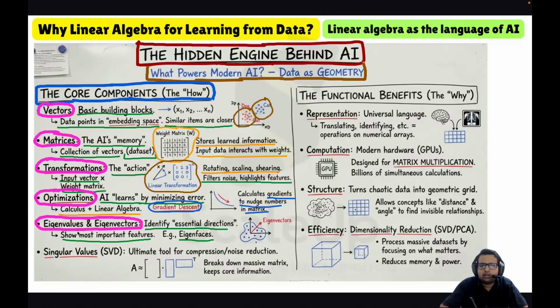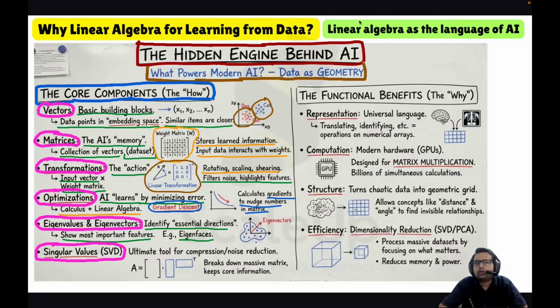Similarly, singular value decomposition is also a core component of linear algebra which powers modern AI. It is the ultimate tool for compression and noise reduction.